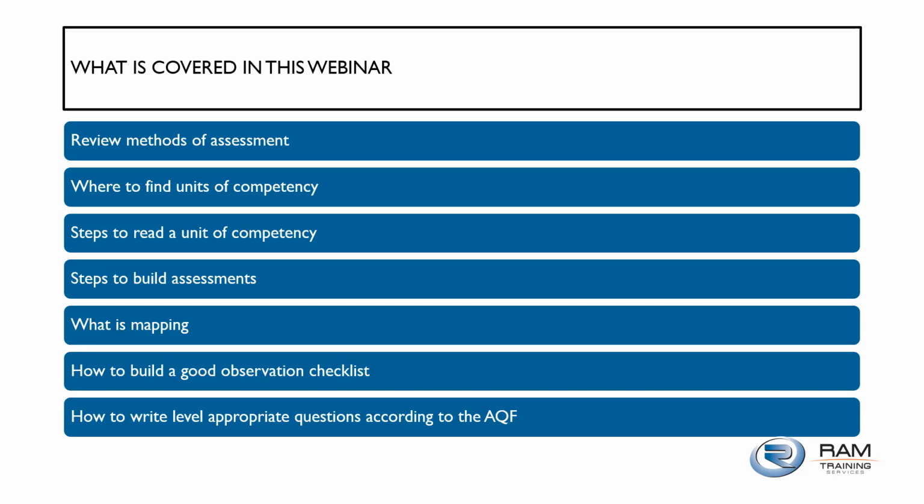Then, how to write level-appropriate questions according to the Australian Qualifications Framework. It's a very important skill that we all need to develop and stay on top of, so that when we write our questions, they're not too hard, they're not too easy, and they meet the AQF requirements. All right, let's jump into it.